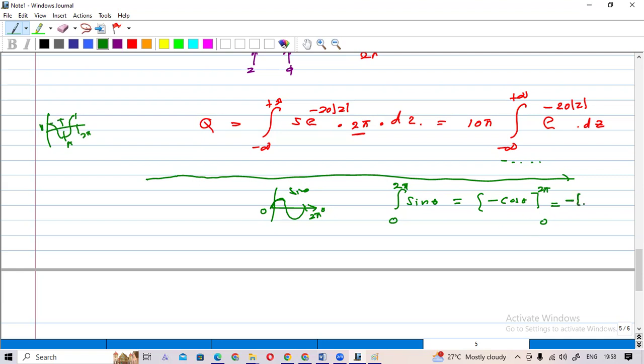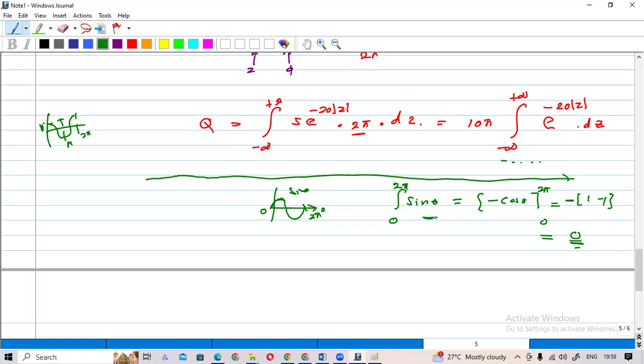So minus cos 2π is minus 1, and then minus of minus cos 0. Cos 0 is again 1. So 1 minus 1, you will have the answer 0. So if I integrate sine theta from 0 to 2π, the answer will be 0.